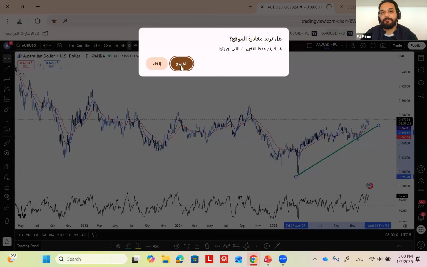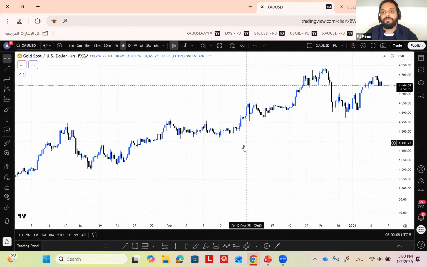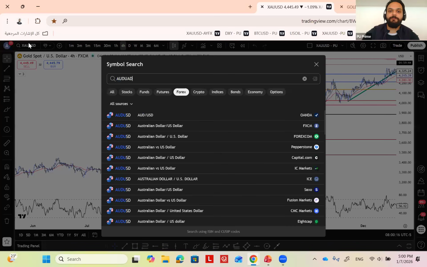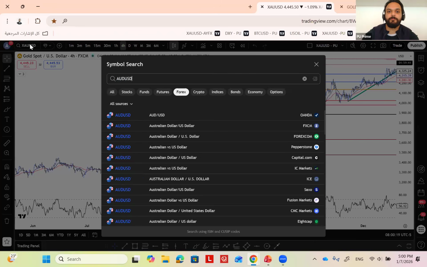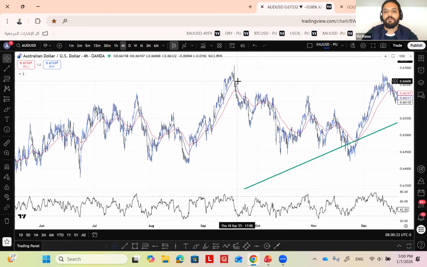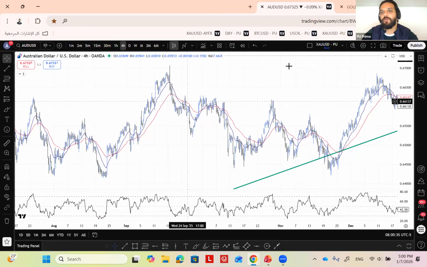See here, on October 20th, the gold started to drop. Let's go to the AUD USD. As you can see, it was also going down. Why? Because the Australian dollar is following the gold.